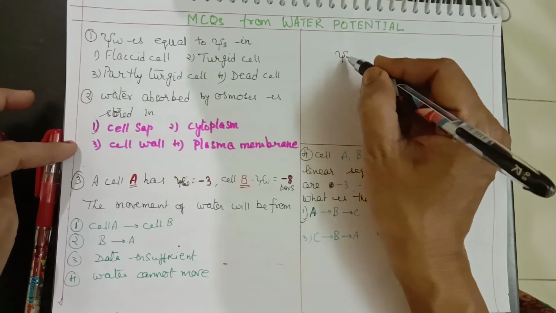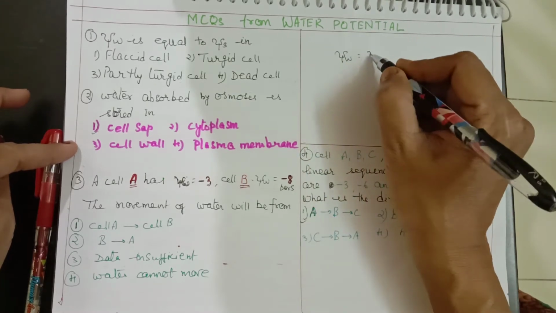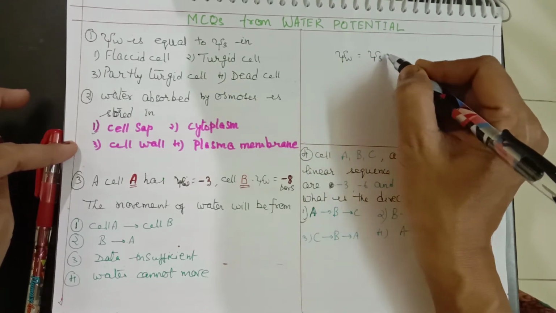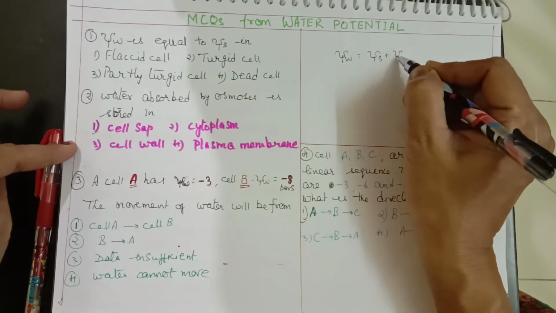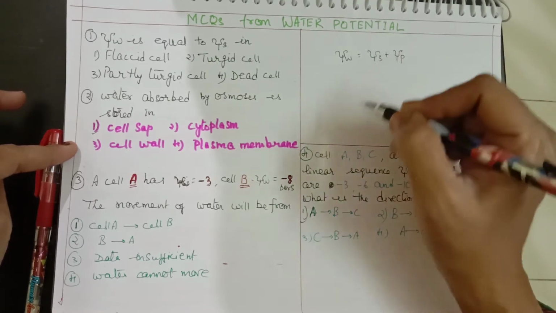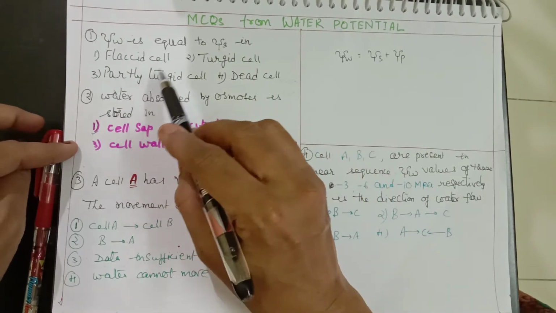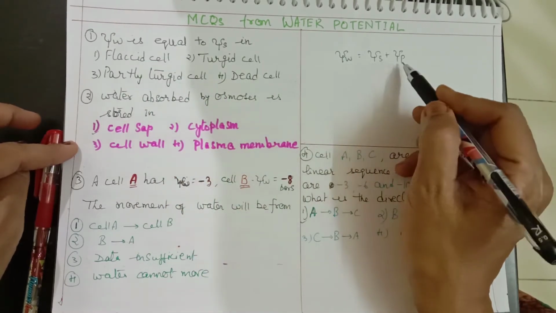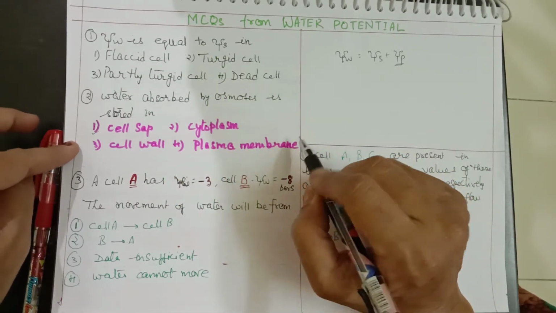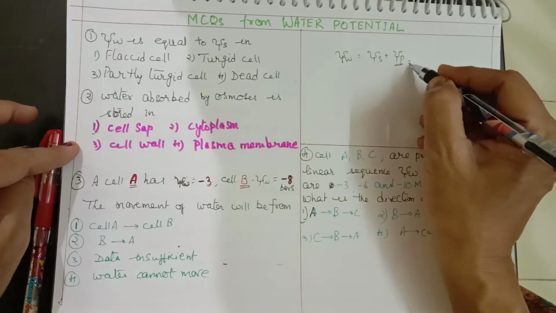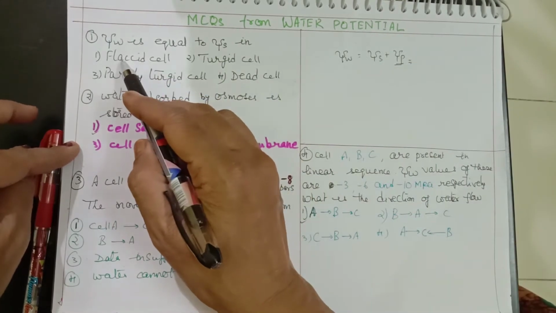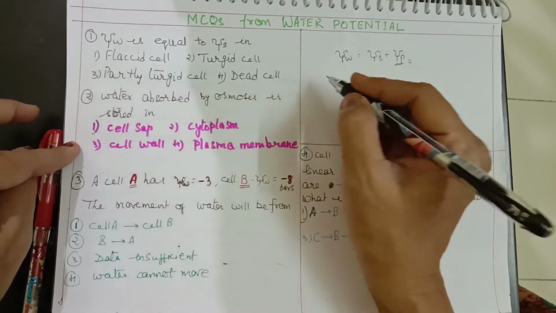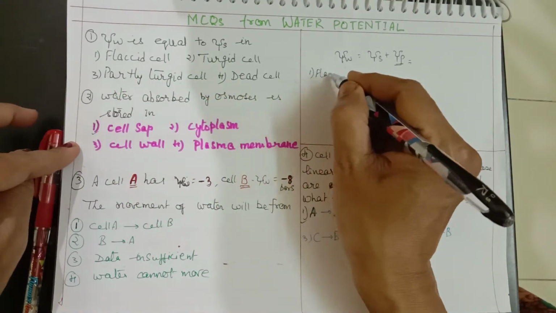We know the expression for water potential is the sum of solute potential and pressure potential. So here, when are these two equal? When pressure potential becomes 0. Pressure potential will become 0 in a flaccid cell. So here the answer will be the first one, that is flaccid cell.